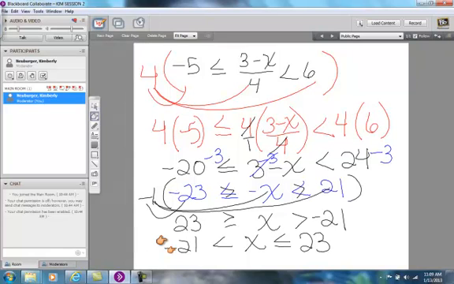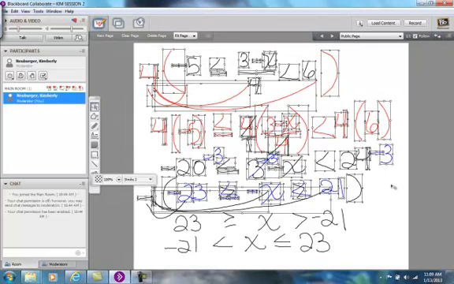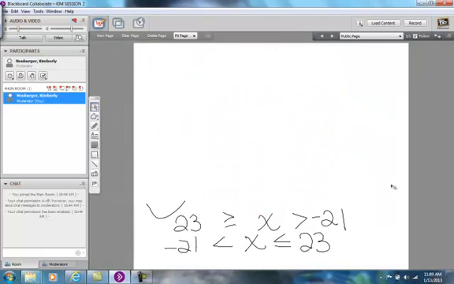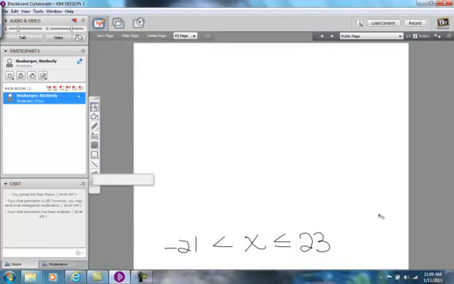Now that we have our expression, we need to go ahead and graph this. So we'll make a little bit of room to graph this. And our solution came out looking like that.